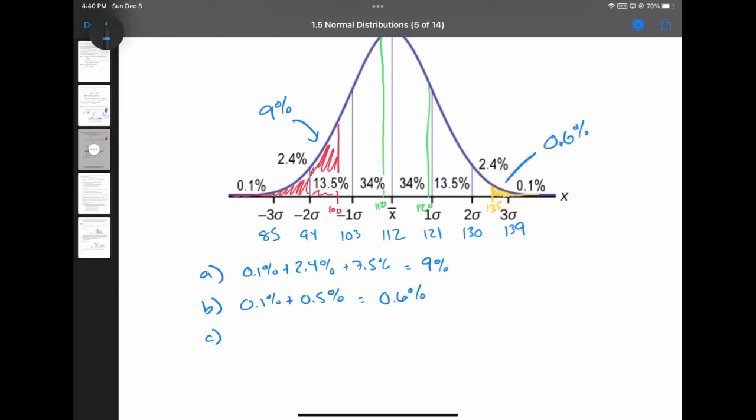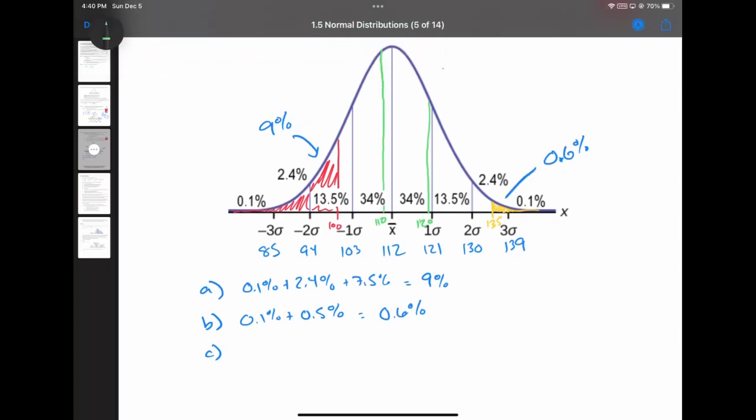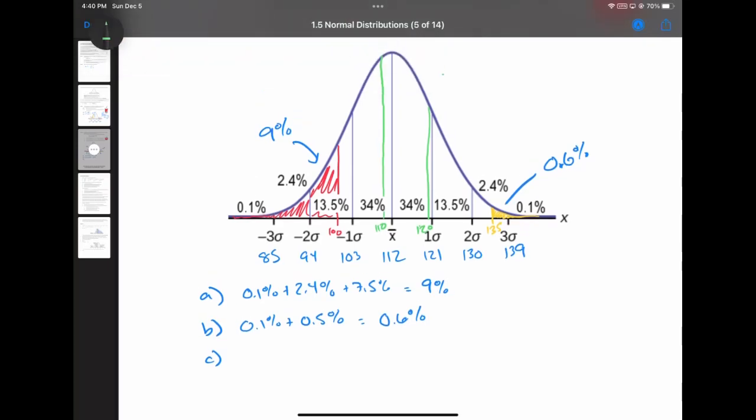And then finally, the green part in the middle. Now this one's a little bit trickier. Here's how I'm going to look at it. If it was the entire area between the mean and one standard deviation above, it would be 34%. I'm removing this small sliver, but I'm adding in this bigger sliver.